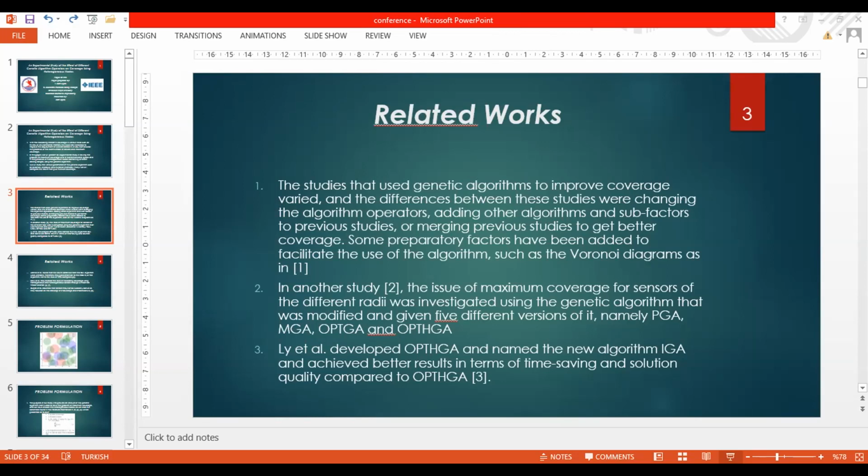Therefore, they paid attention to the stability of the algorithm, not to the issue of time complexity. Zorlu et al. studied the issue of increasing coverage using homogeneous and heterogeneous sensors through a modified fitness function. Gupta et al. assumed that sensors may not be suddenly active, so they focused on the concept of K coverage and K connectivity.